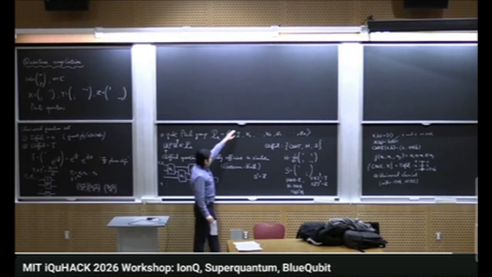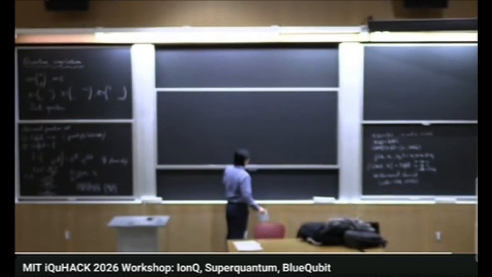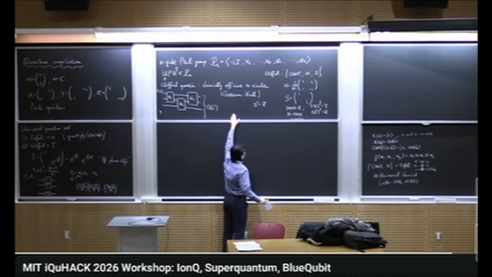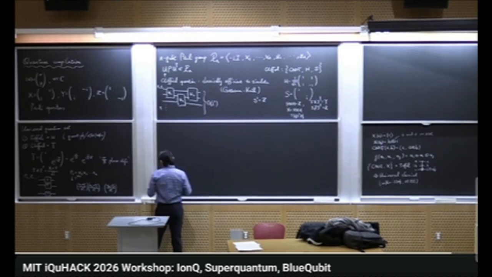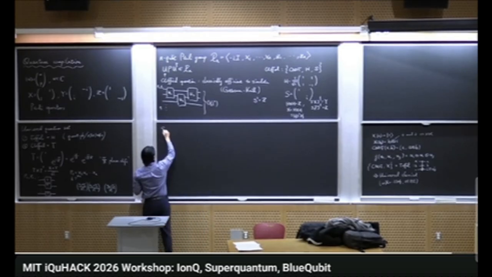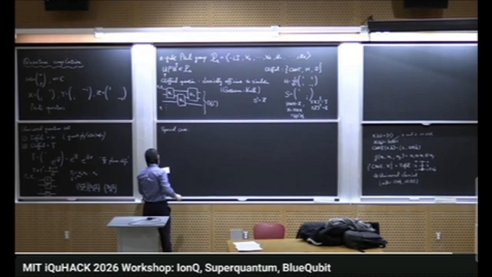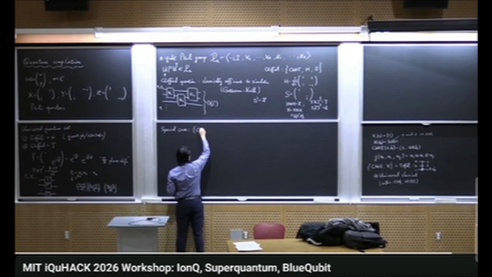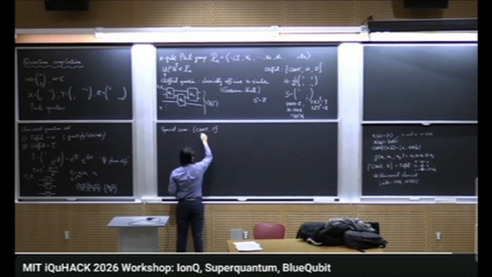So this is the case that we want to focus on with Clifford plus T. It's easier for now to consider this special case, where the whole circuit is just built from CNOT and T. CNOT is a Clifford gate.